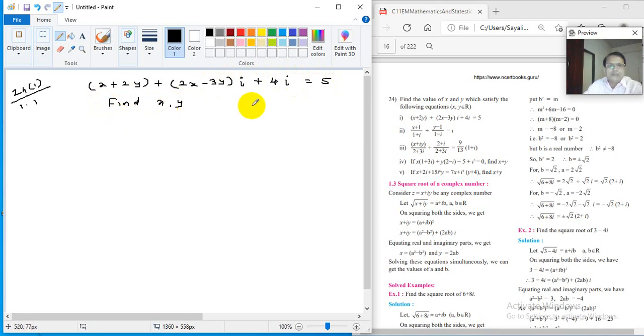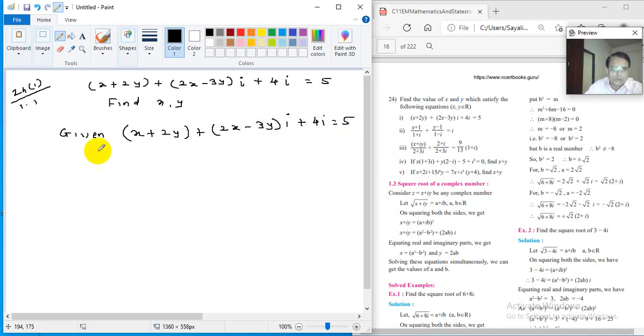Now see, you can simplify left hand side and equate it to 5, or what we can do, 4i you can take on this side. So write, given x plus 2y plus (2x minus 3y) into i plus 4i is equal to 5. So what can I say?